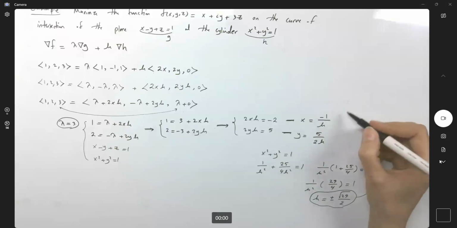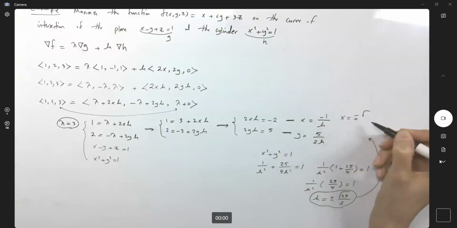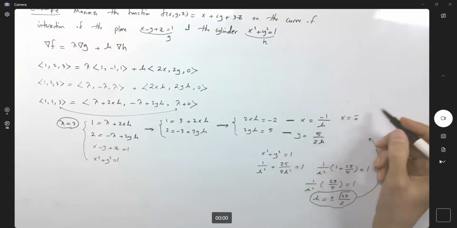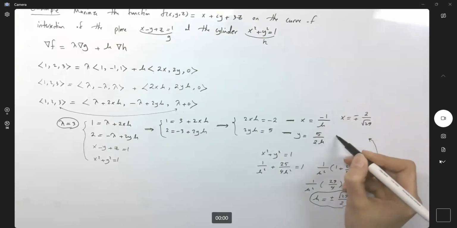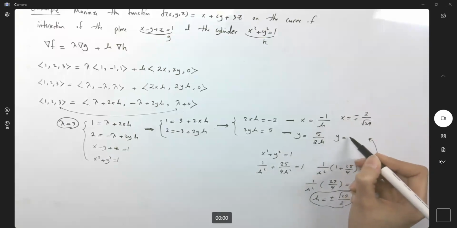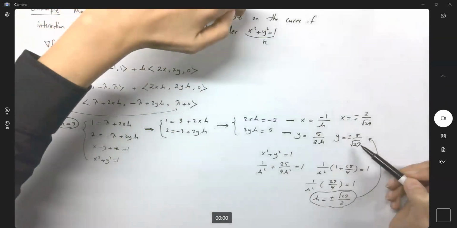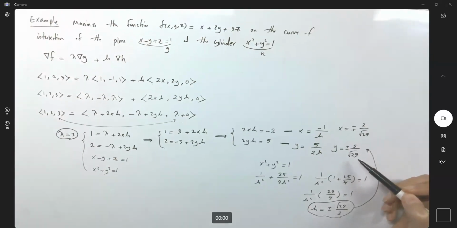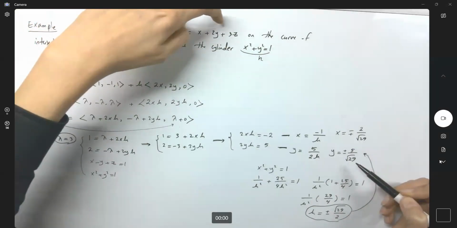Your x becomes minus or plus, let's just not rationalize this, 2 over square root of 29, and your y becomes plus or minus 5 over square root of 29. Very good. I have my x and y, but I need to find my z as well, because I'm maximizing this function. Take a look at your function. I have x, I have y, I need to find z.